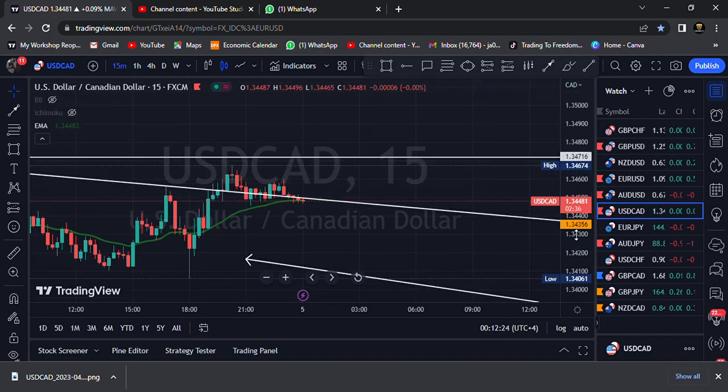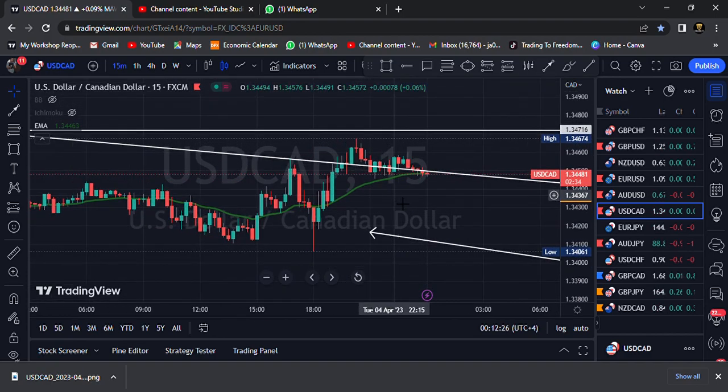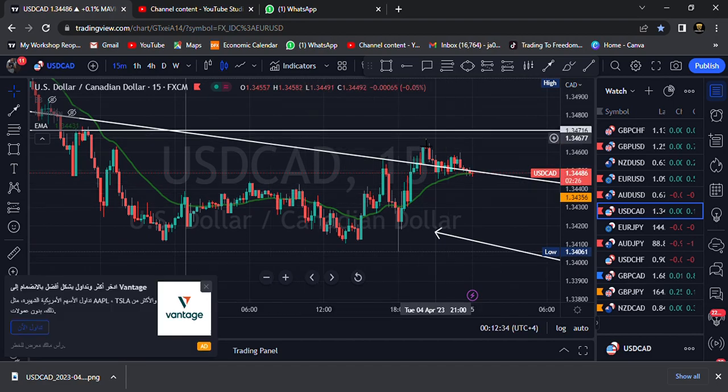So going down right to the 15 minutes. So this was an actual buy signal here, but it's a buy signal with take profit just around here. As you can see, it gave out a buy signal here. Profit has been taken. The market has been exhausted already at this level.